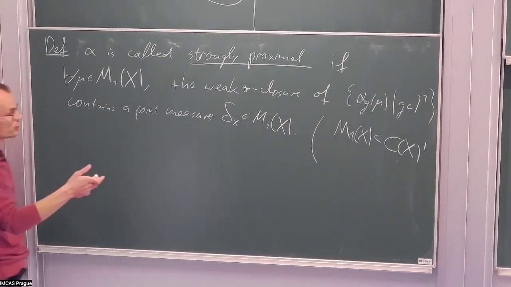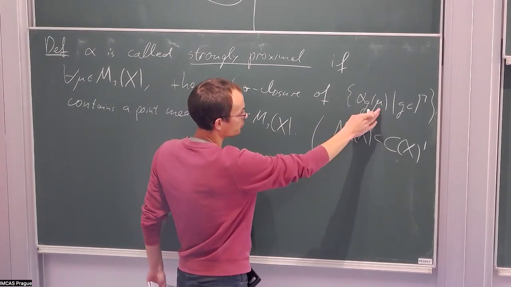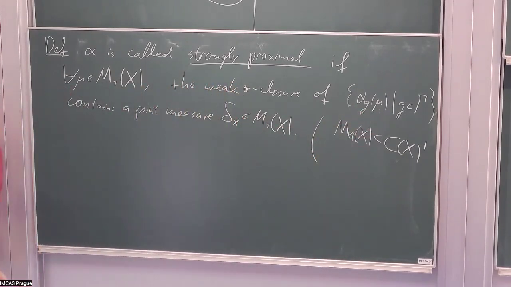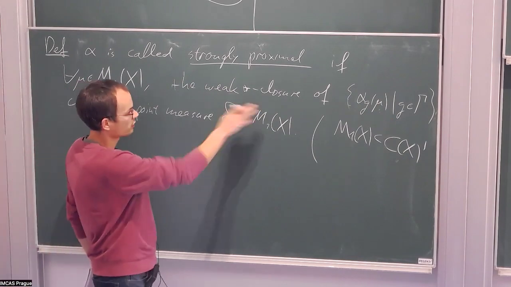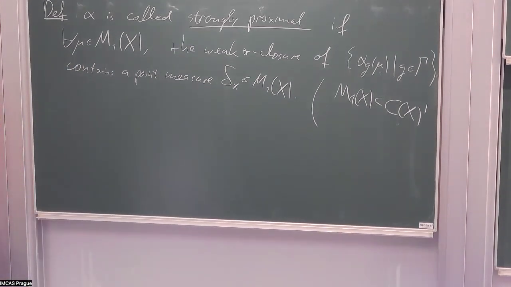In that topology, I take the closure of the orbit of mu. So I take mu and move it around using the action, and I want to be able to approximate a point measure in this weak star topology. So that's what strongly proximal means.